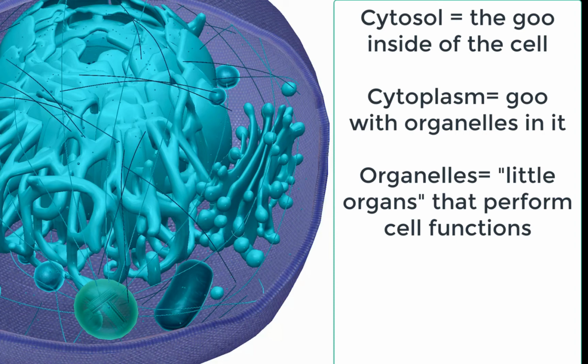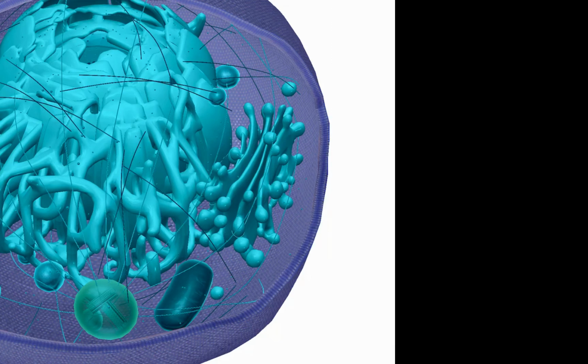And the name comes from little organ because these are sort of what does all the things that keep the cell alive. Cells are neat. They're like a little miniature animal. Remember, there are even single cellular organisms.